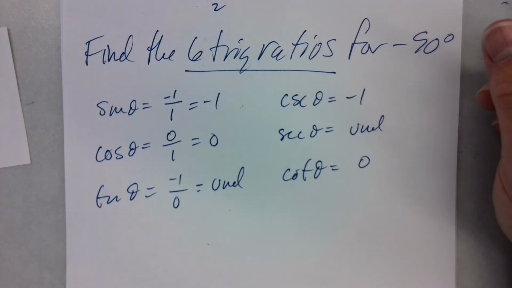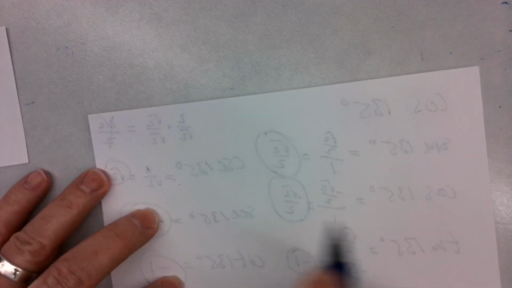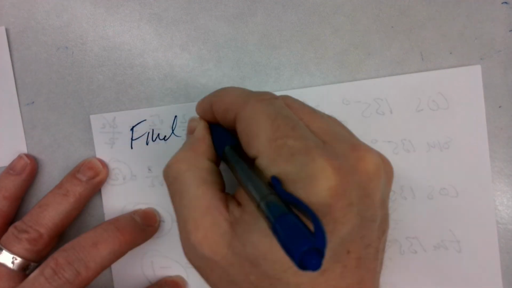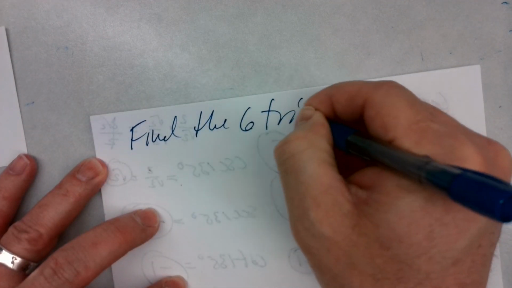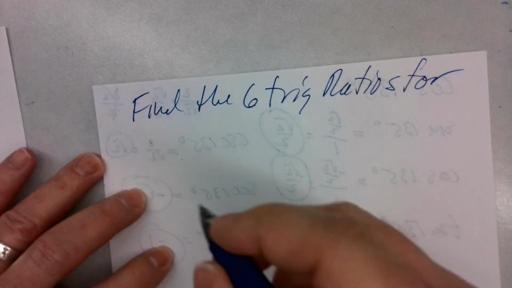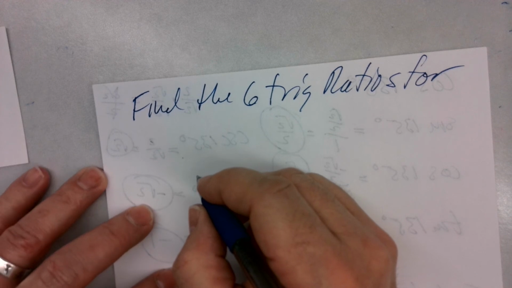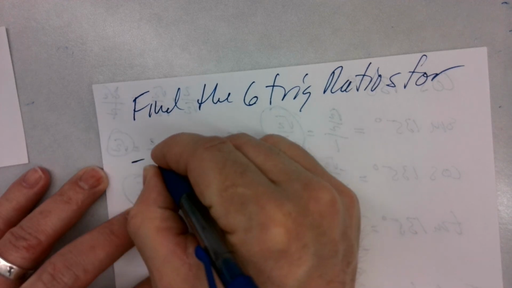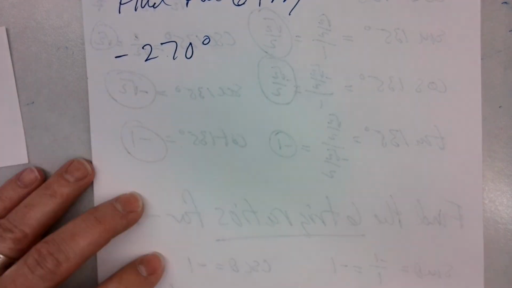Well, if that's the case, let's do one more, then we'll cut you loose. So I want the 6 trig ratios, and I want 15 hands. It will say find the 6 trig ratios for negative 270 degrees.